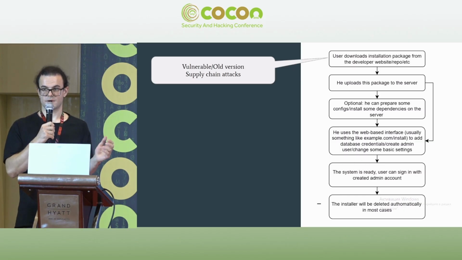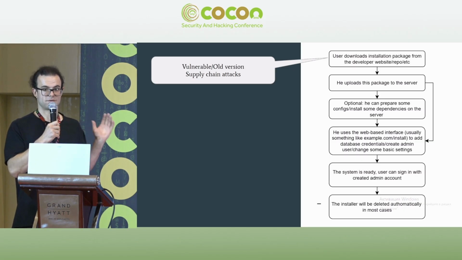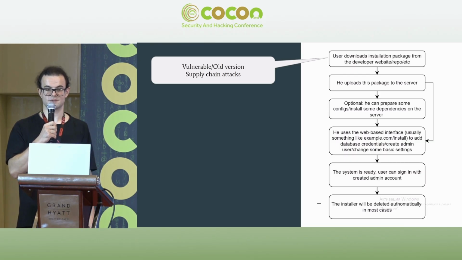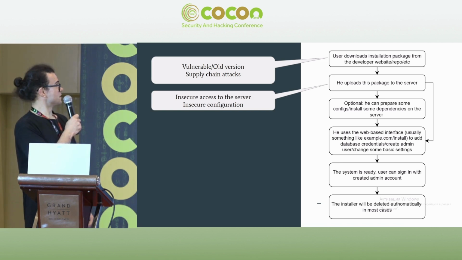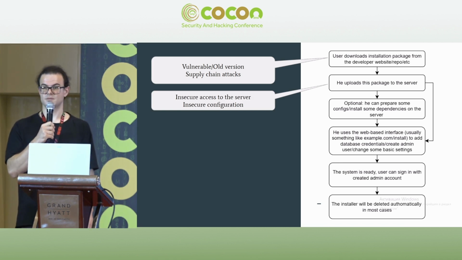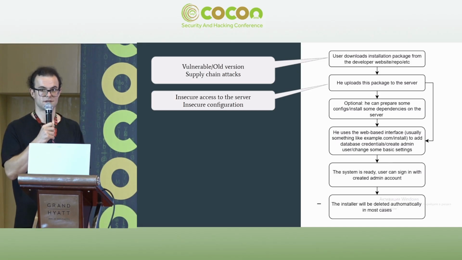And of course, we have a lot of problems at every stage. For example, on the first stage, we have a common problem with old, vulnerable versions of the systems, and supply chain attacks. Then we have some problems with insecure access to the server, some insecure configuration of the servers, and something like this.